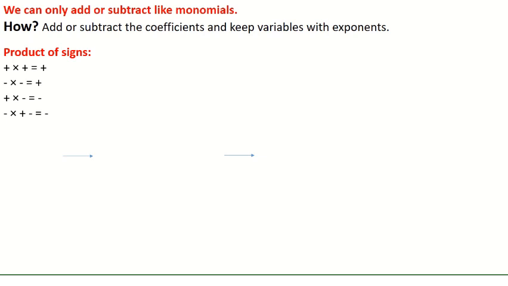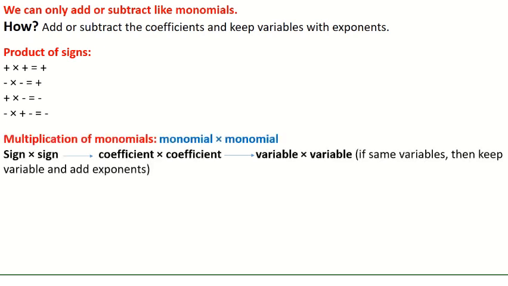So if you are multiplying same signs, you're going to get a positive. If you are multiplying different signs, you're going to get a negative. Like if you are multiplying plus 2 times minus 3, you will get minus 6. And if you are multiplying minus 7 times plus 2, you're going to get minus 14. So multiplying same signs gives me positive, multiplying different signs gives me a negative number.